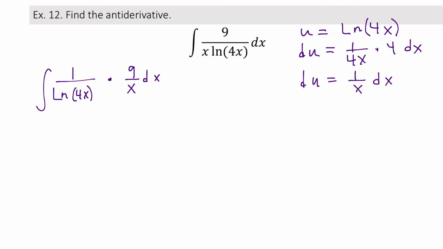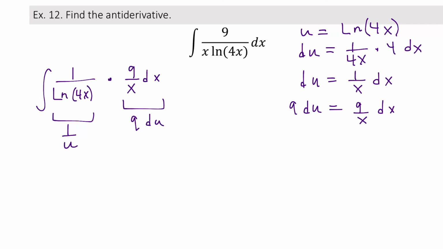So then we examine that and we see that this would be 1 over u. This part here is almost this part here, but we've got this 9 here. So we can say 9 du is 9 over x dx, which would mean this part here is 9 du. Okay, so that will work.